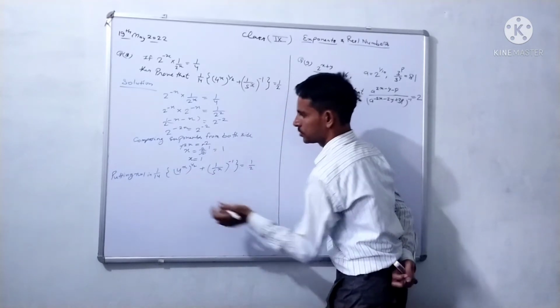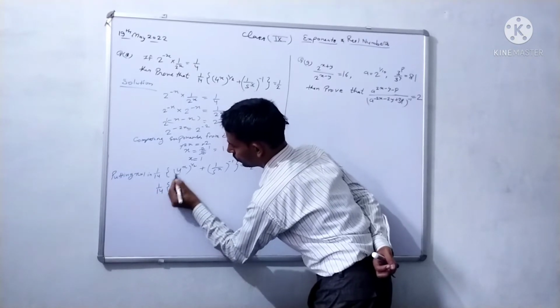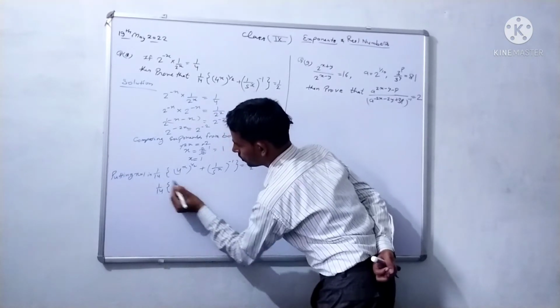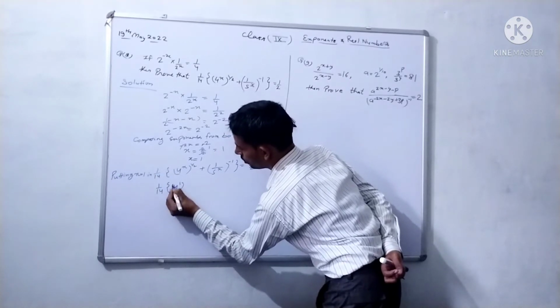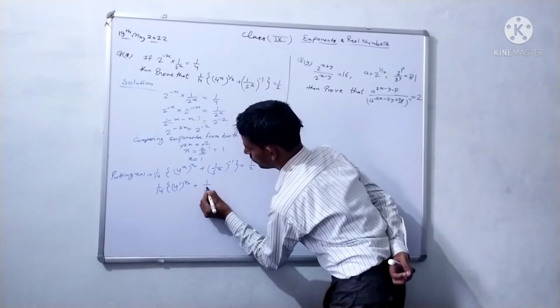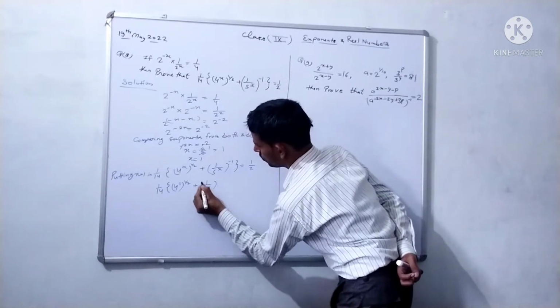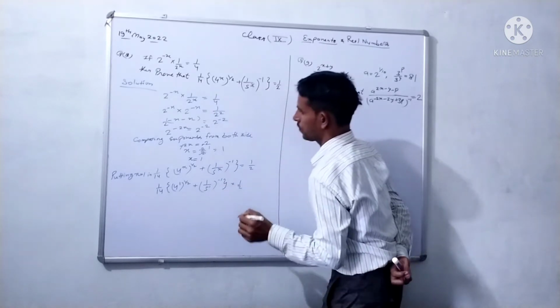So we can write 1 upon 14 into 4 power x, value of x is 1, so we can write (4 power 1) whole power 1 upon 2 plus (1 upon 5 power 1) whole power minus 1 equal 1 upon 2.